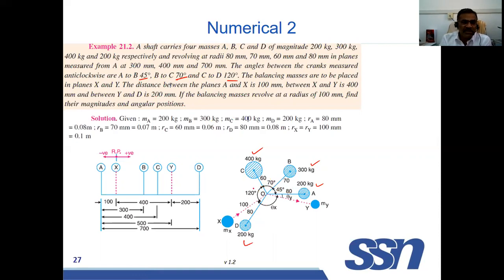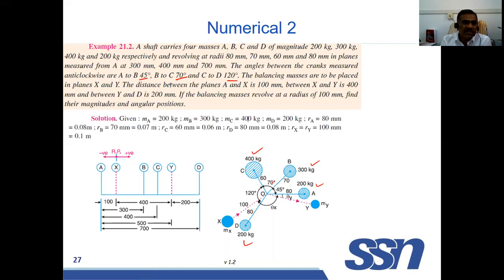When you substitute the angles, you have to take them from the horizontal reference. And the radii are also given: 80, 70, 60, and 80.